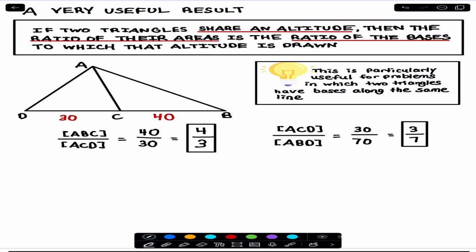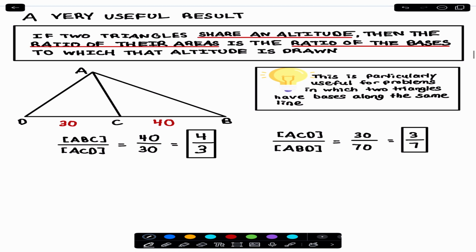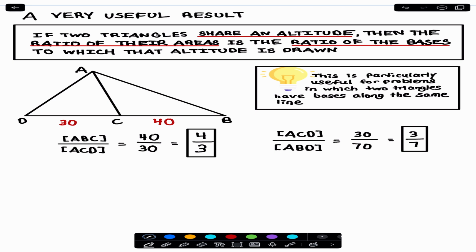And so you can see in the end, we can almost sort of informally think of it like this. Since both of these triangles share an altitude from point A, we can almost cancel these A's, although that's not what's really going on, but this is, again, an informal way to think about it. Basically, it's almost like these A's are going away, and then what we're left with is BC, so we just read that off.